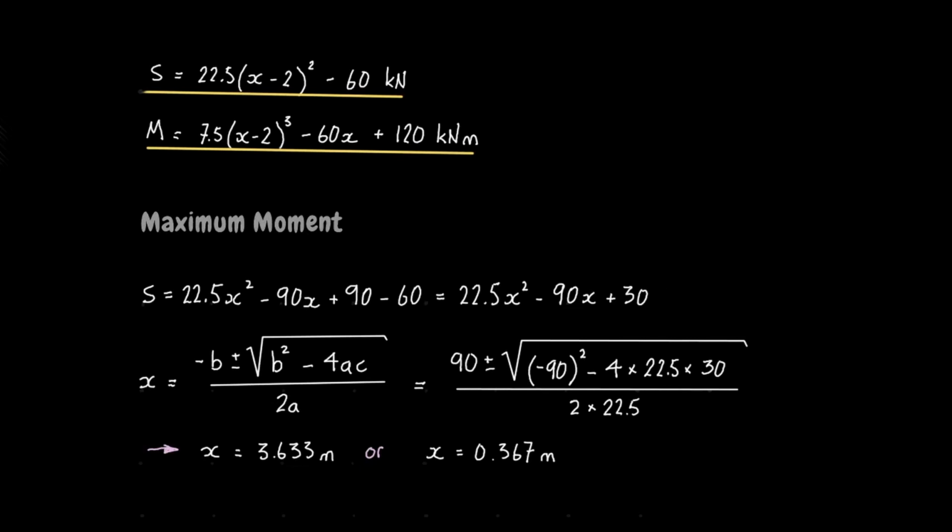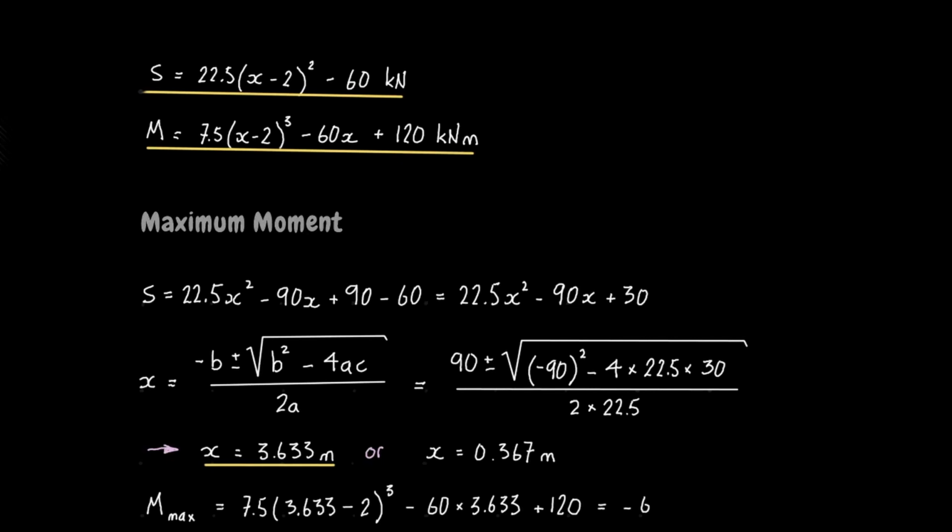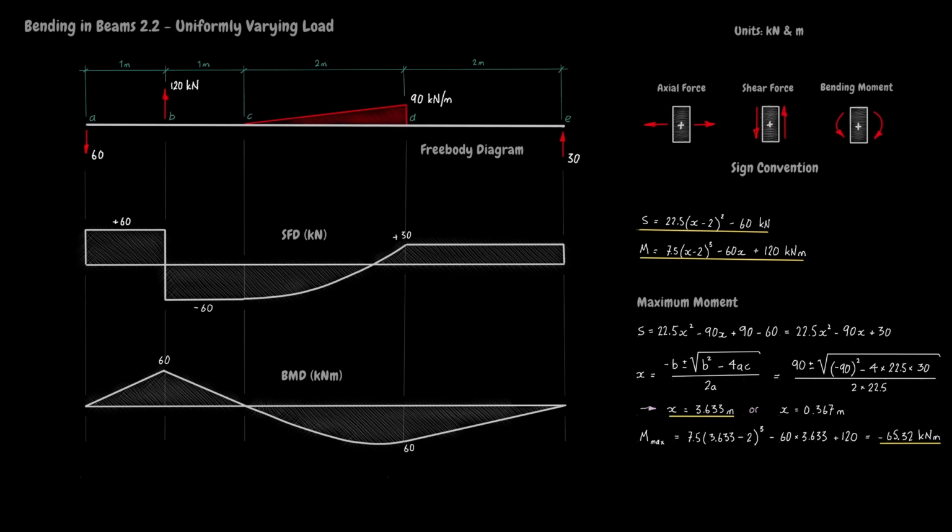Obviously, the smaller root is inapplicable as it does not lie under the UVL, and plugging 3.633 meters into the moment equation shows that the maximum moment is minus 65.32 kilonewton meters. Mark the maximum bending moment on the diagram and tidy up the screen.